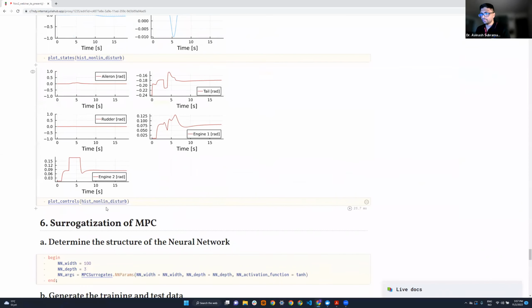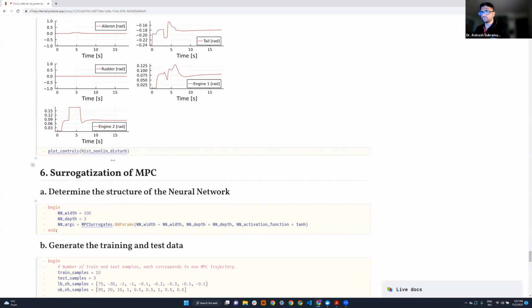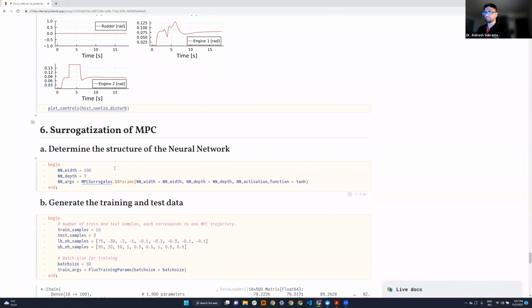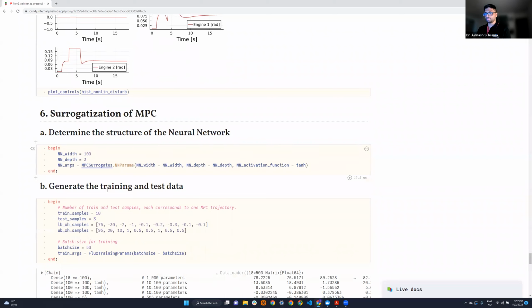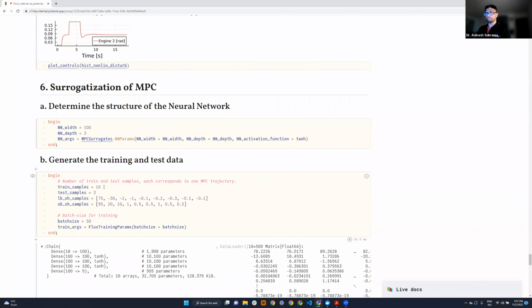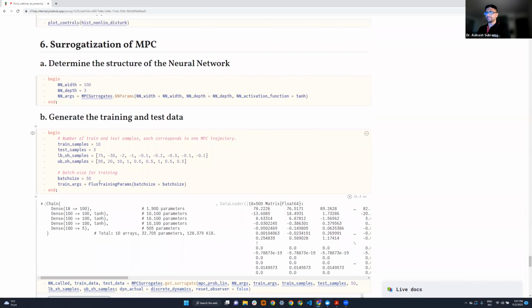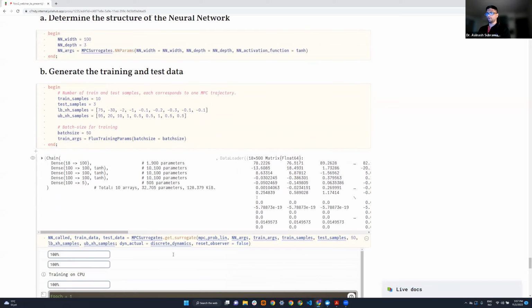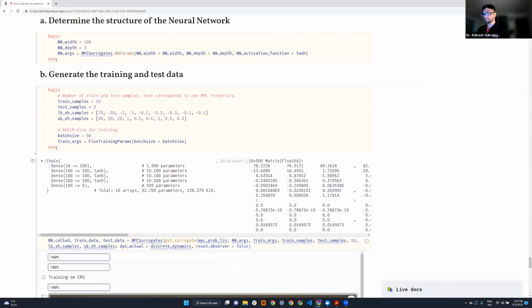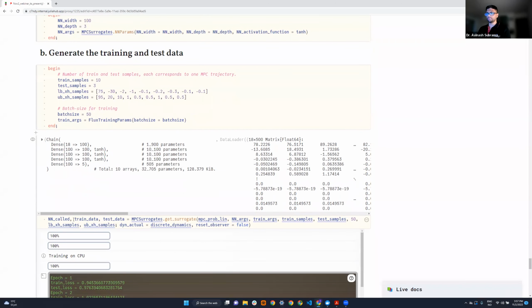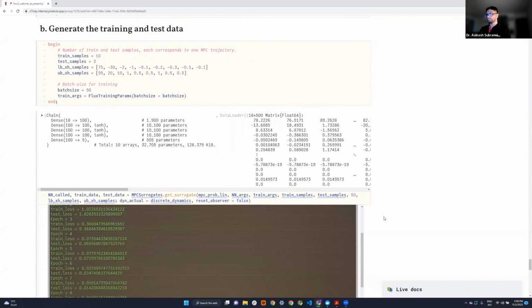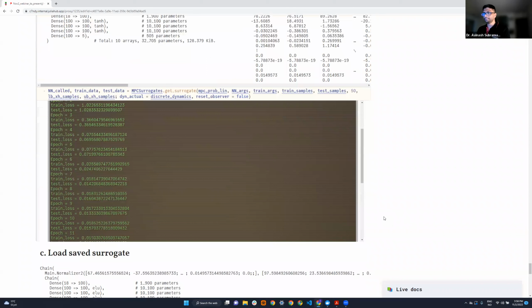So again, returning to the notebook, we could have this surrogatization of MPC with the neural network width, depth, parameters, and so on. And then we could train with the number of training samples. In this notebook, we just used fairly few, and then batch size and so on. And then we call this get surrogate function, and this returns the neural network with the training data and the test data.